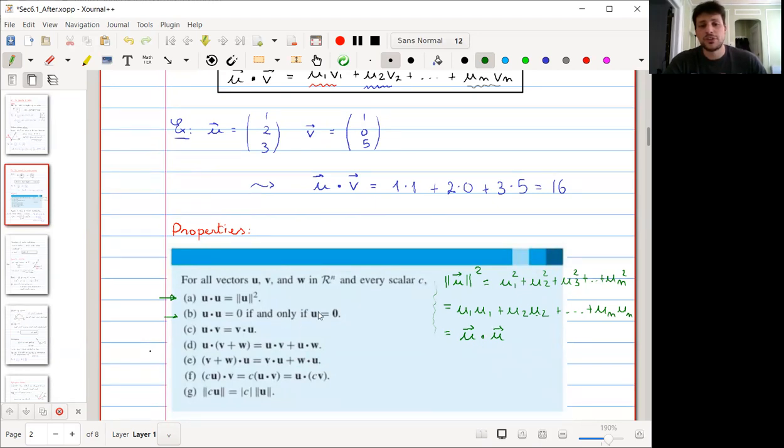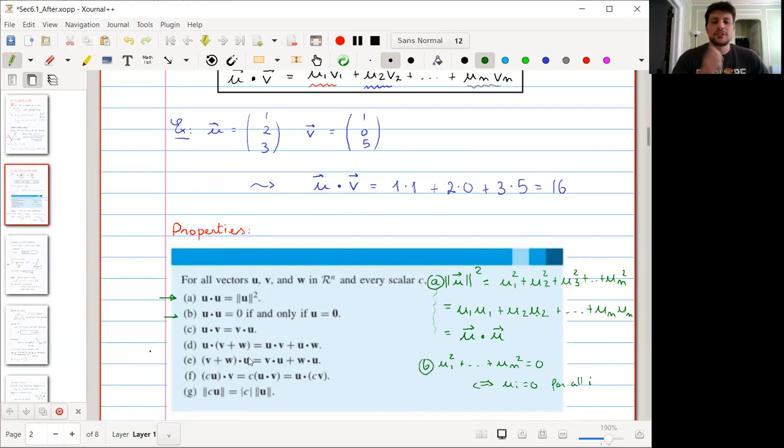And that's exactly what we're saying here. If U1 squared plus all the way to UN squared is equal to 0, well, the only way that that can happen is that UI is equal to 0 for all I. So this is my comment on property A, and this would be property B.